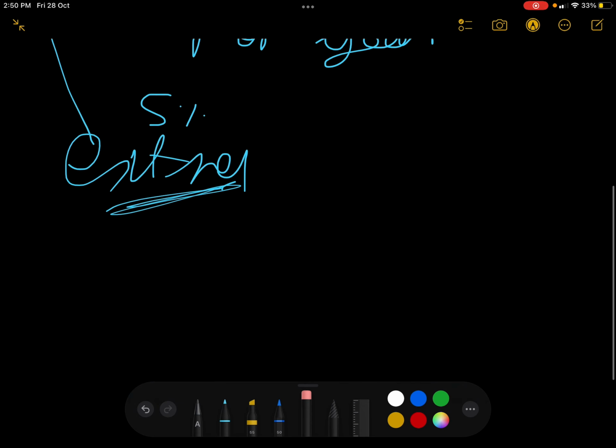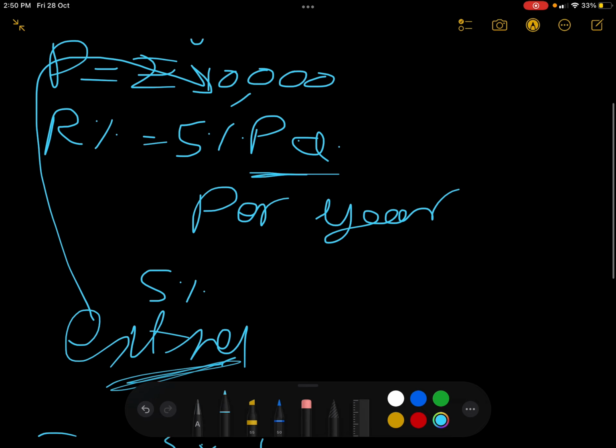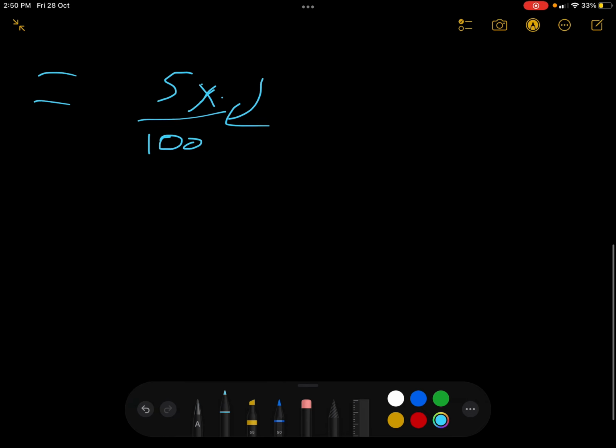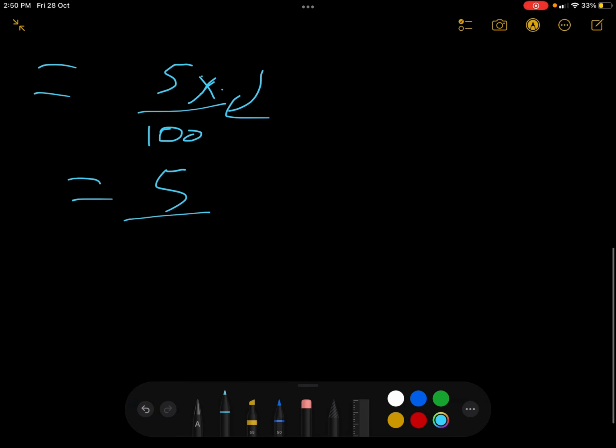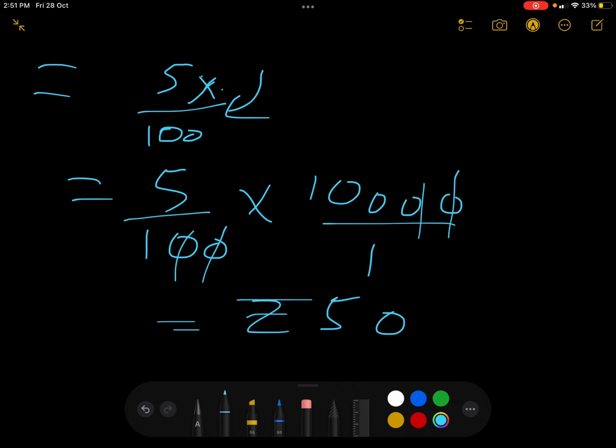Now that we know that 5% is extra, we can write it like this, because when we write it like this, the percent sign gets cancelled and comes down as 100. So basically, calculating the simple interest, or the money that will be charged extra, we can do it like this. This will be the money that will be charged extra. So it becomes rupees 500.